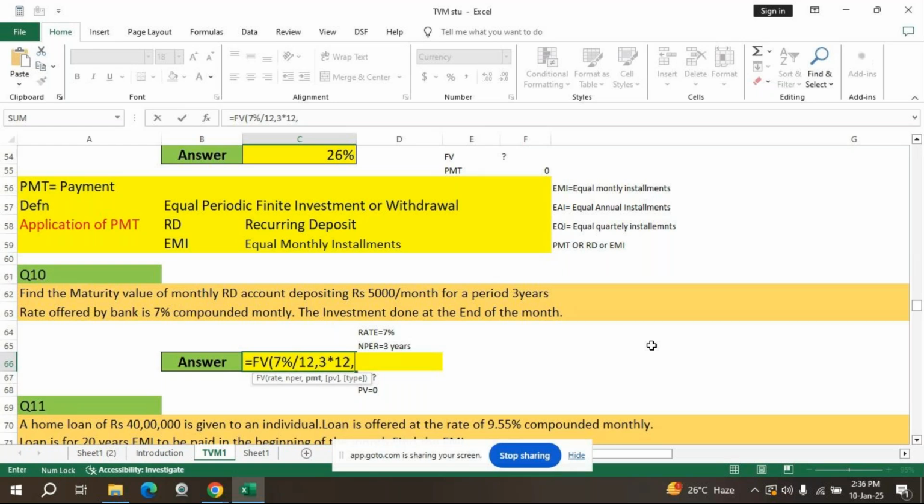PMT is 5,000 per month, so here you put 5,000. Let us see what will happen.